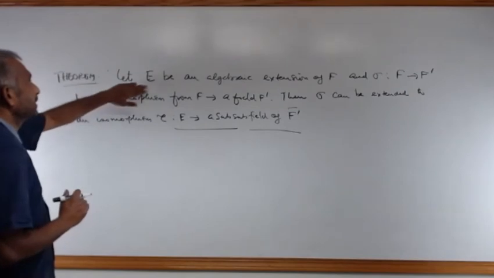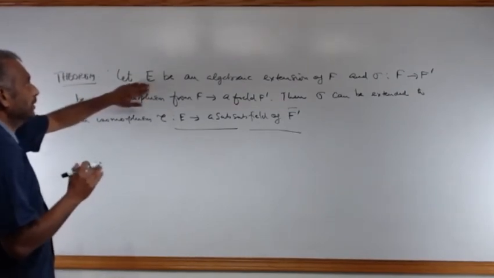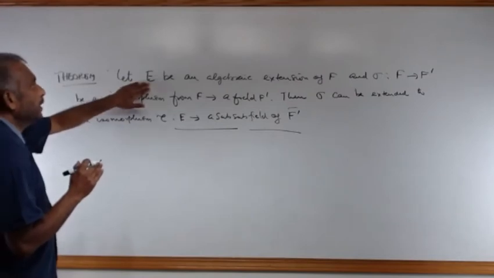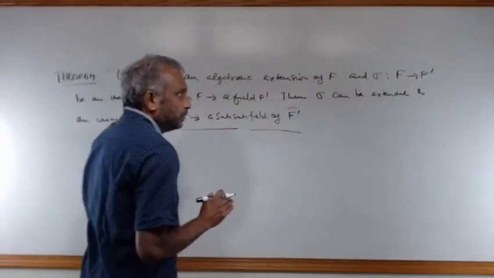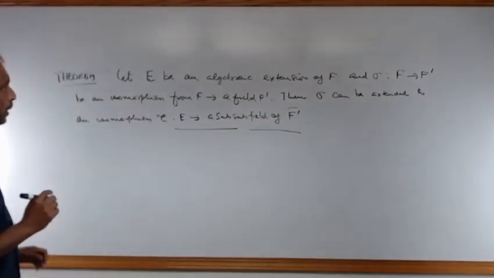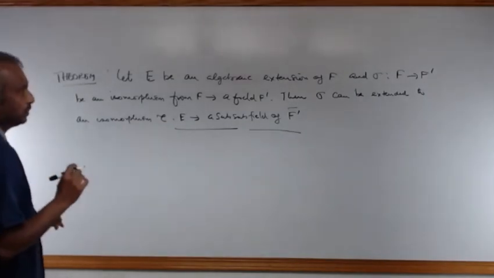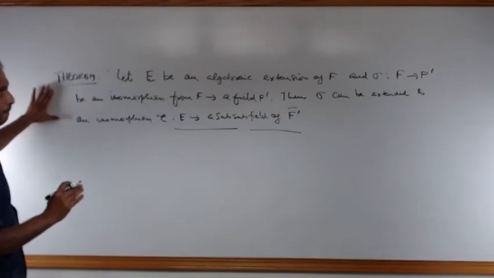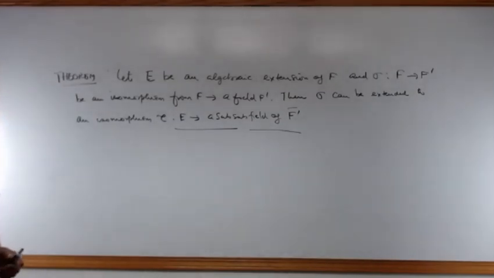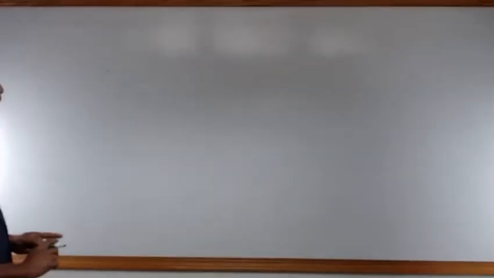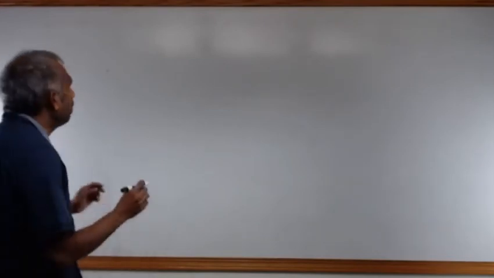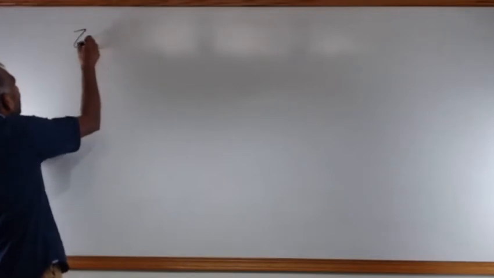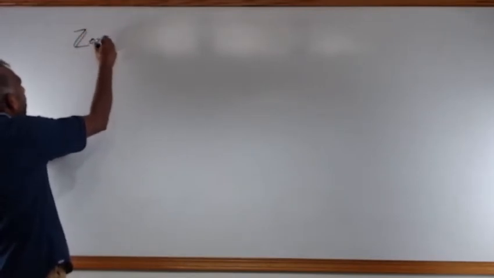But you don't know anything about the dimension of E over F as a vector space. So we need some tools to prove this theorem. The tool to prove this theorem is Zorn's lemma.